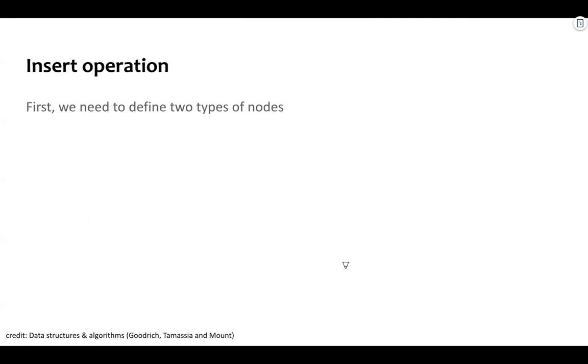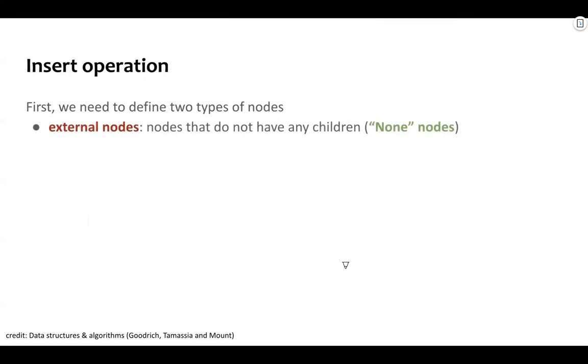First of all, we need to define two types of nodes. As I told you, there are external nodes and internal nodes. External nodes are nodes that do not have any children.